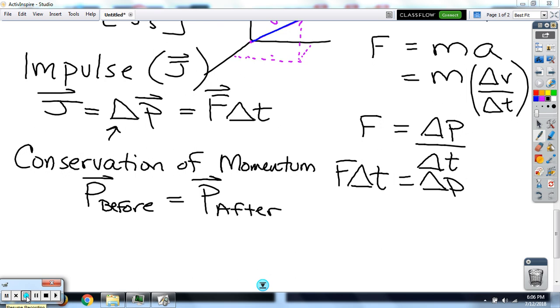Number 1 says a ball with a mass of 12 grams moving at positive 15 meters per second collides with a second ball of mass 36 grams moving at 5 meters per second in the positive direction. After the collision, the 12 gram ball is now moving at positive 6. What's the change in momentum of the 36 gram ball?